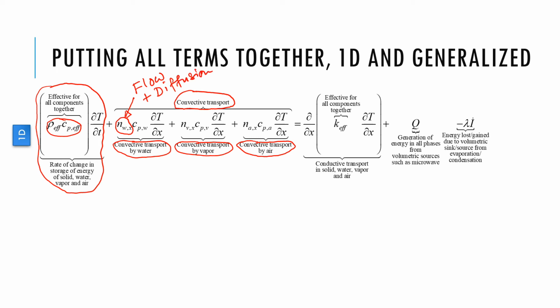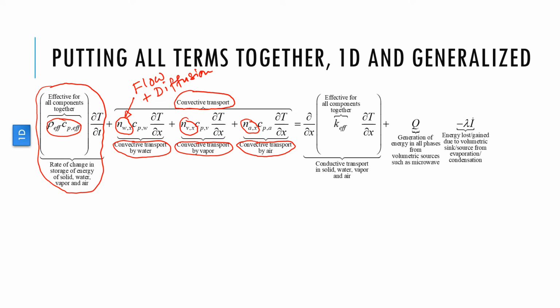So diffusion in case of water, of course, would be capillarity, and likewise for the other phases. So the flux term is not just flow, it's transport, it's flow plus the diffusion.